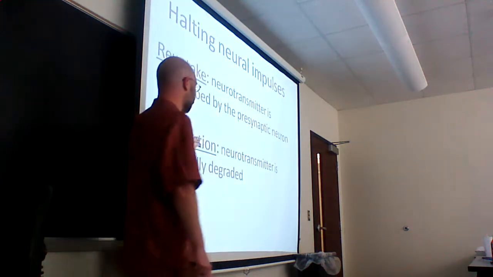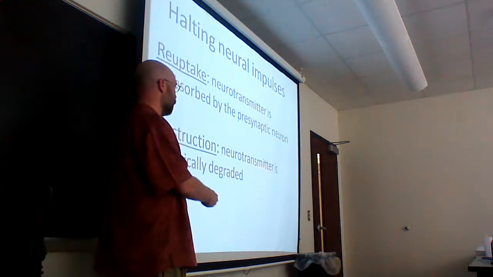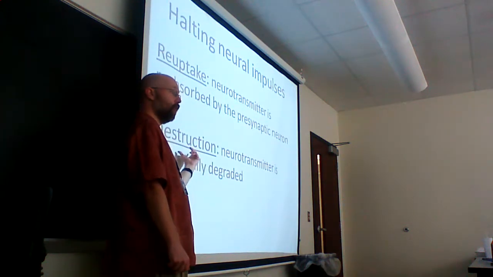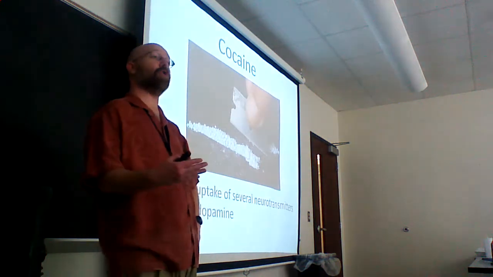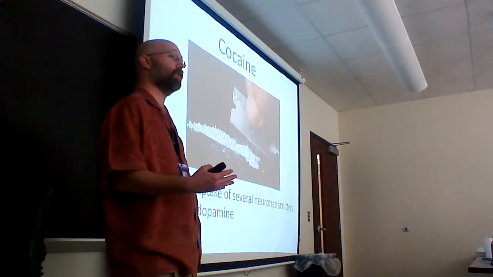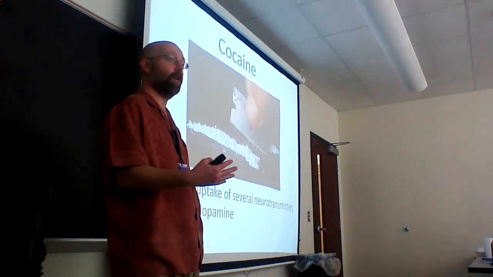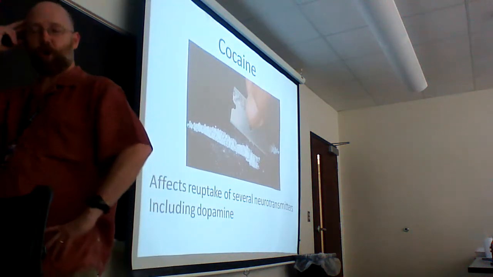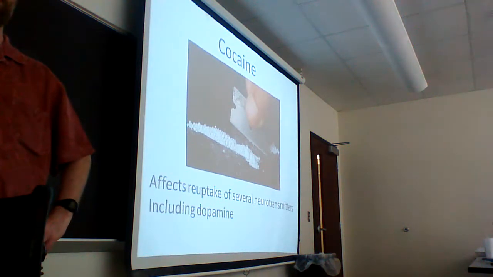The other way is destruction. You somehow chemically destroy that neurotransmitter, and this we can modify as well. So, lots of recreational drugs, which are bad for you, as it turns out, will affect your brain. They are psychoactive because they are affecting the amount of neurotransmitter in the cleft.